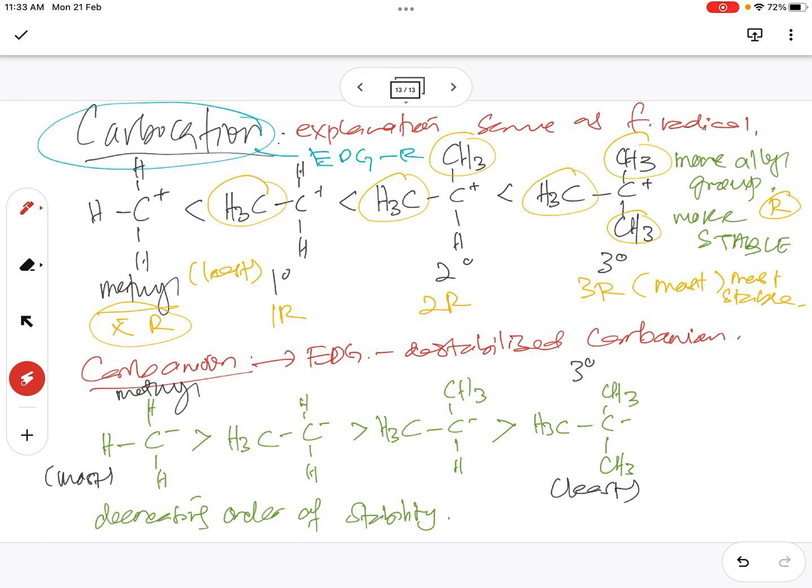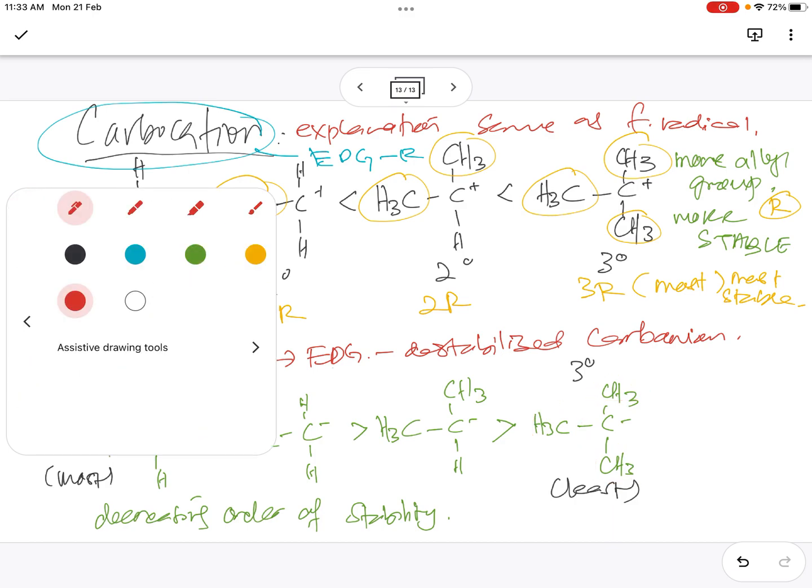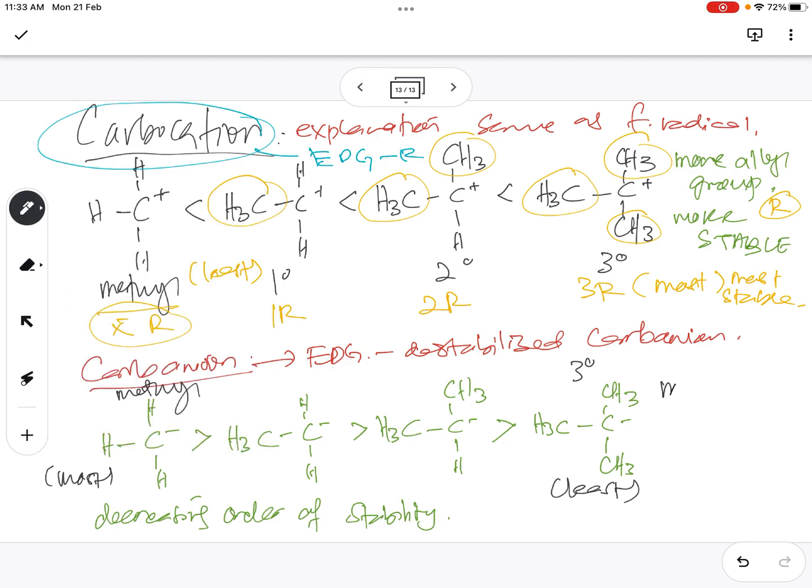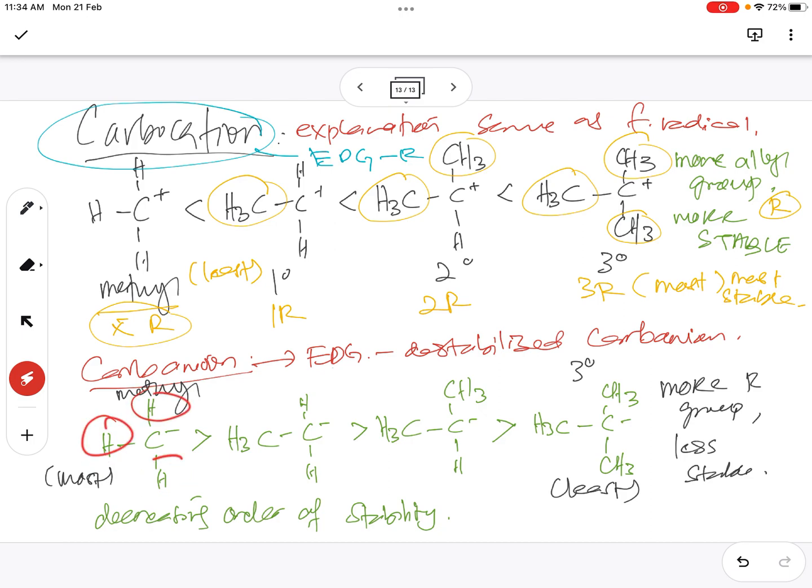That means dia bagi elektron, lagi banyak kumpulan alkyl. Kita tulis ni lah, let me write. More alkyl group, then less stable. Okay, carbanion more alkyl group, less stable. So perhatikan sini ada 3 alkyl group, so the least stable lah. Sini metil tak ada alkyl group langsung, jadi dia most stable. Okay.